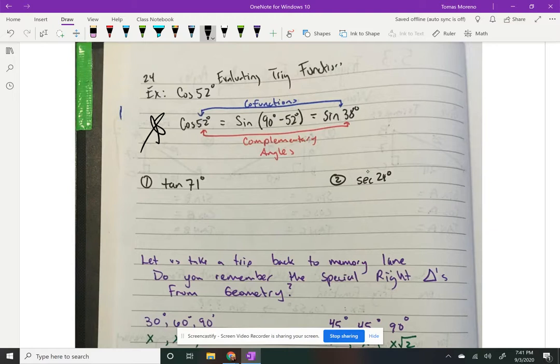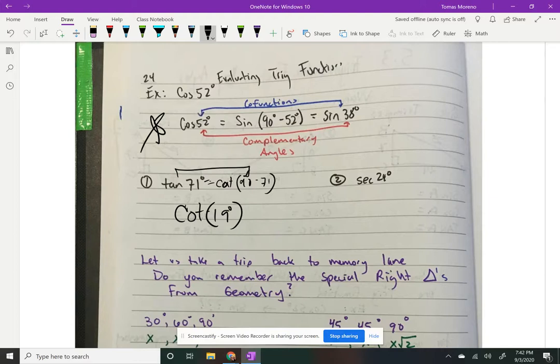So what about tan? So we know the cofunction of tan is cotan, and we're going to go 90 minus 71. So we would go cotan of 90 minus 71, which is 19 degrees.